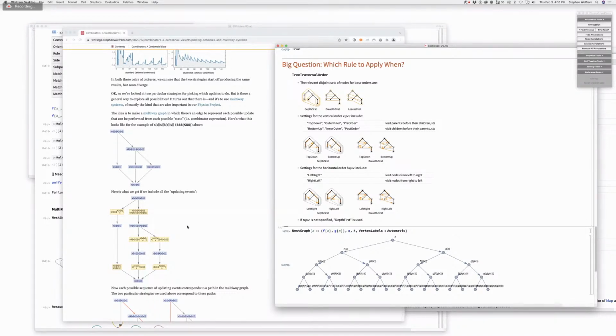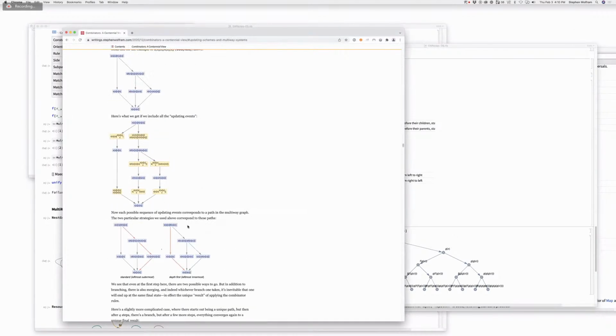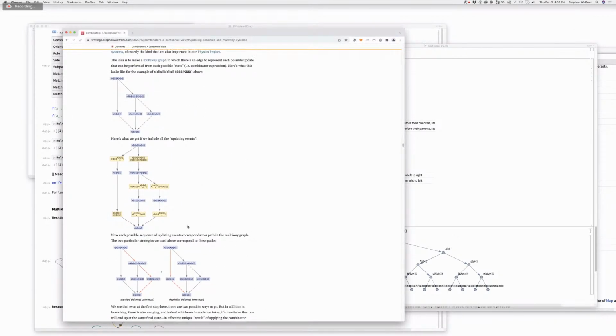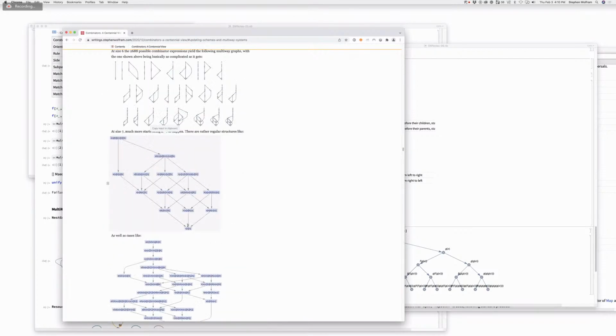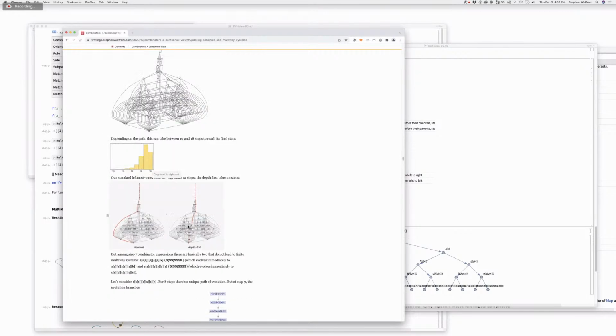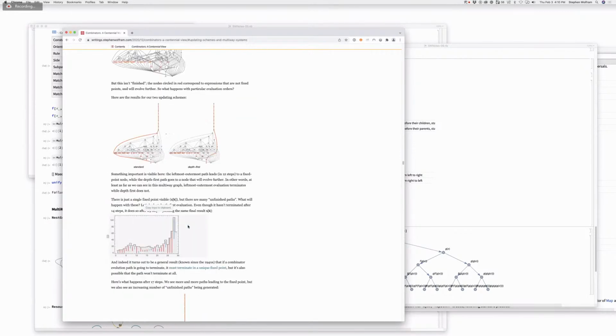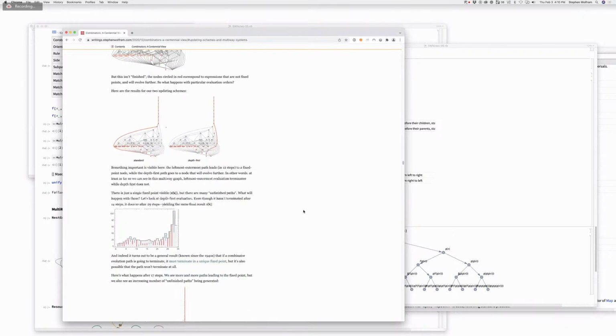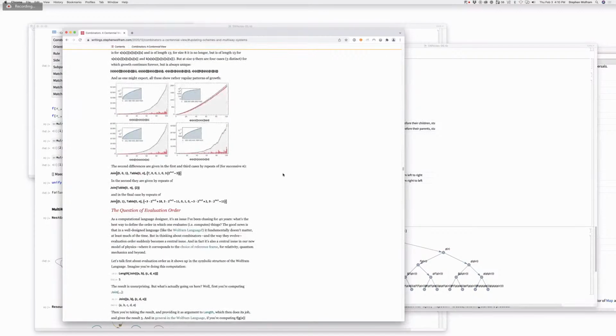So you're right, it's a different tree we're talking about. I've got this somewhere. Okay, so here we go. This is one rewrite order that will traverse the multi-way graph like that. Another one will traverse it like this. I've probably got the comparison of leftmost outermost, leftmost innermost, et cetera.